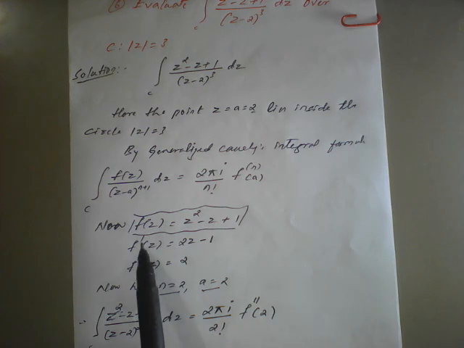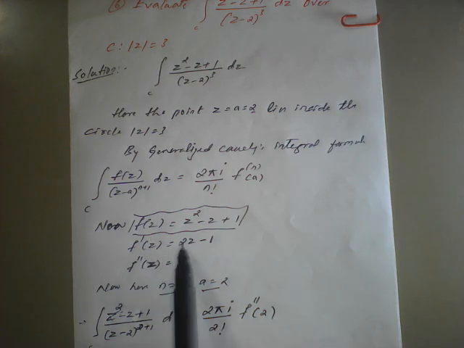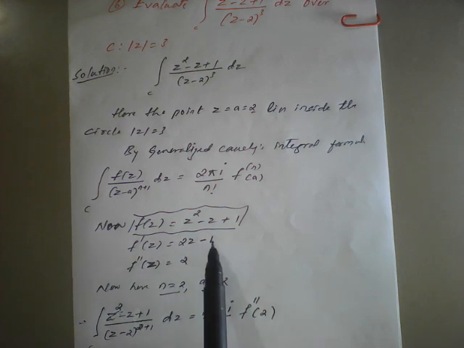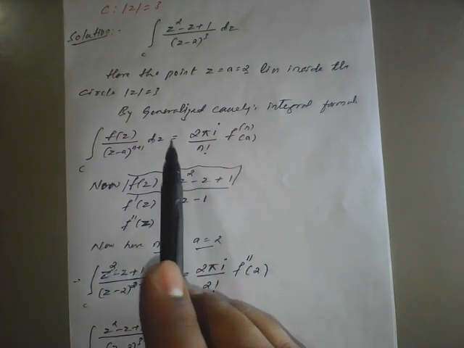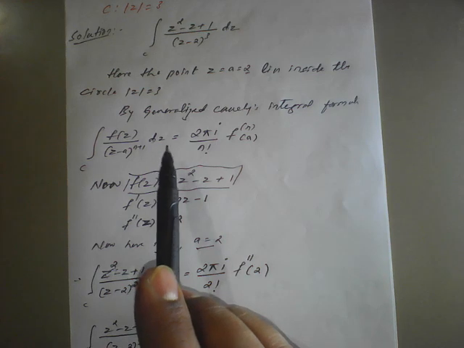That many times as n, you have to differentiate. So the first differentiation is 2z minus 1, and one more differentiation gives 2. Therefore all these values we need to apply in the generalized Cauchy's integral formula.